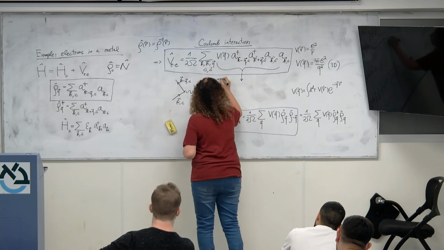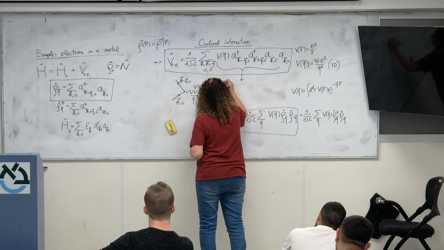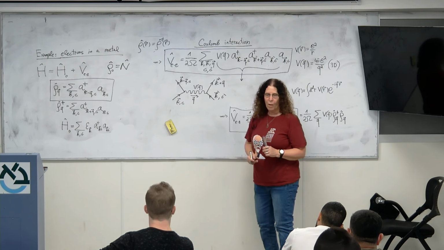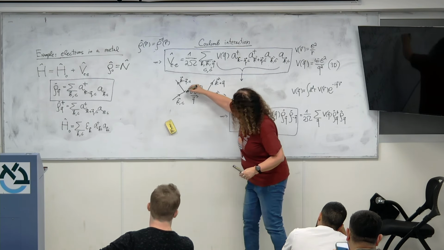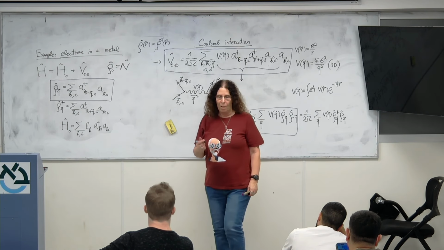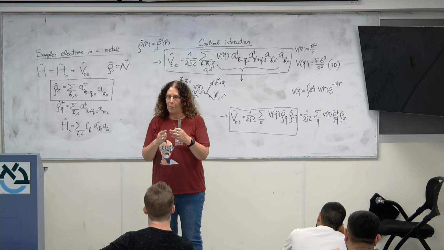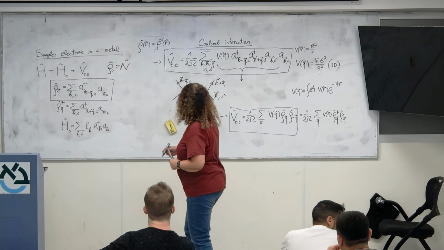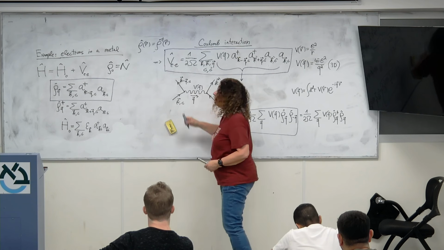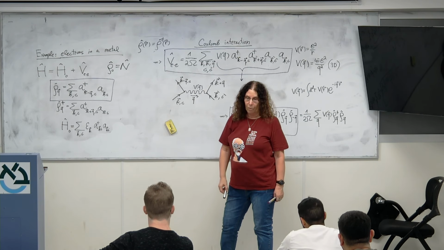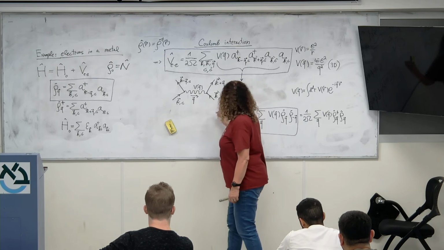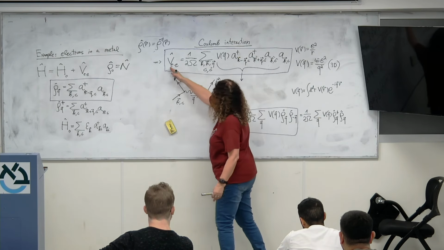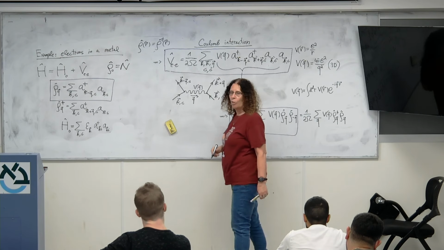But here it adds up. The same q is added and you get k prime. So every vertex in this diagram describes a collision where an electron emits a particle and momentum is conserved in the process. So this describes a term in the interaction, and of course the total interaction operator is just a summation of all such processes.